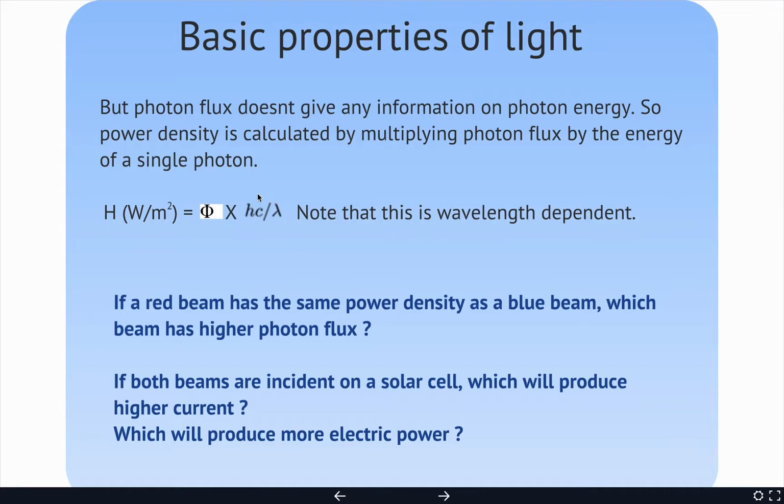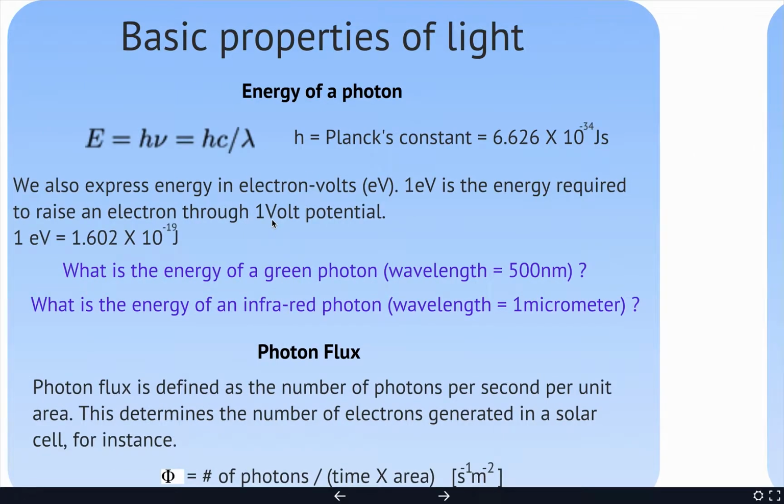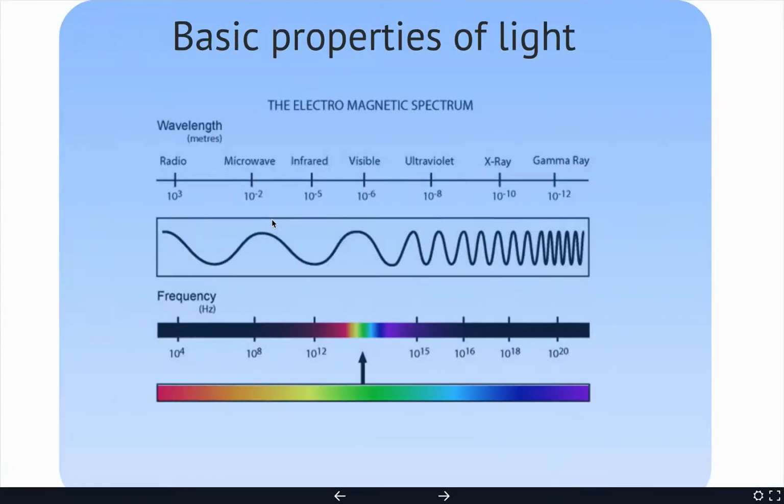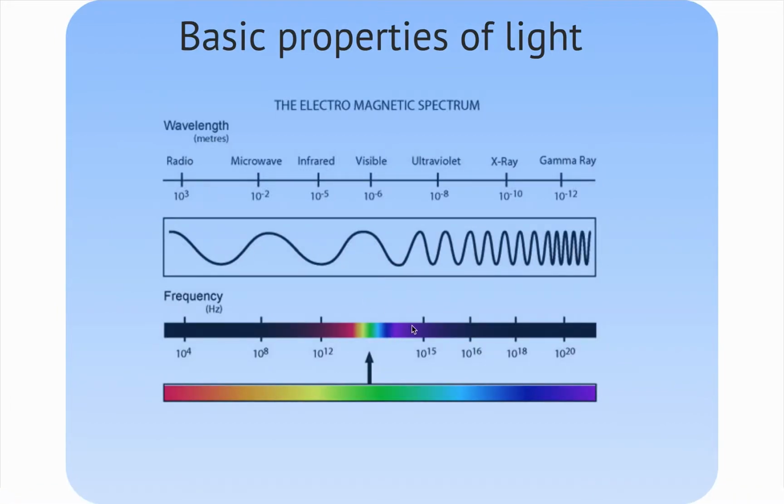So we know that the red photon has a longer wavelength than a blue photon. If you don't know it, you can simply go back and look at our spectrum. You can see blue is on the right here, red is on the left here. That means the wavelength of red is longer than that of blue. Frequency of the red is less than that of the blue. The energy of the red is less than that of the blue.